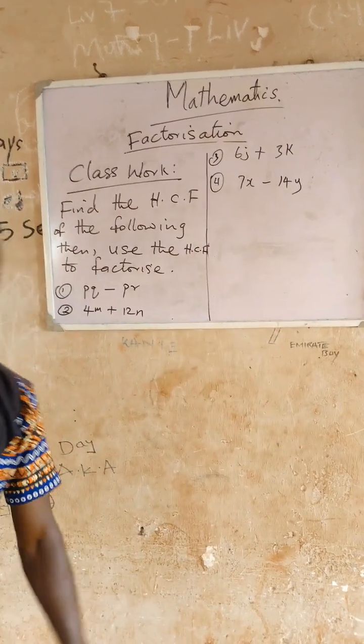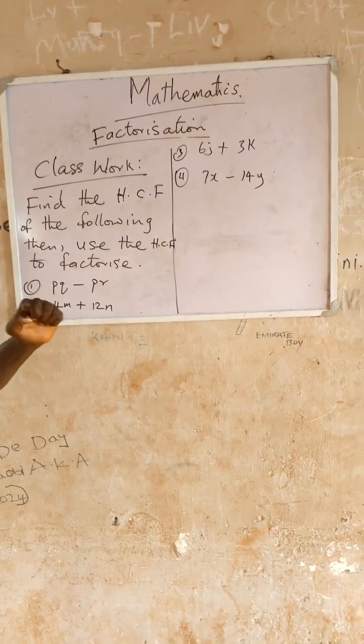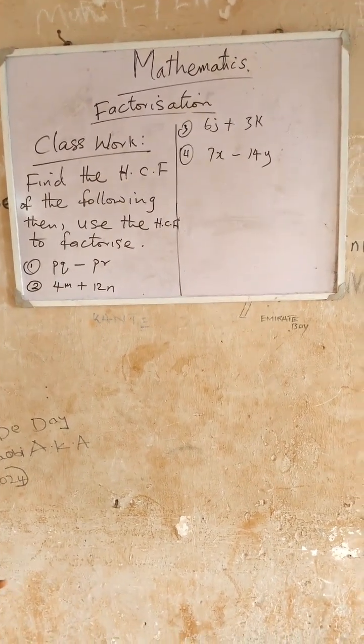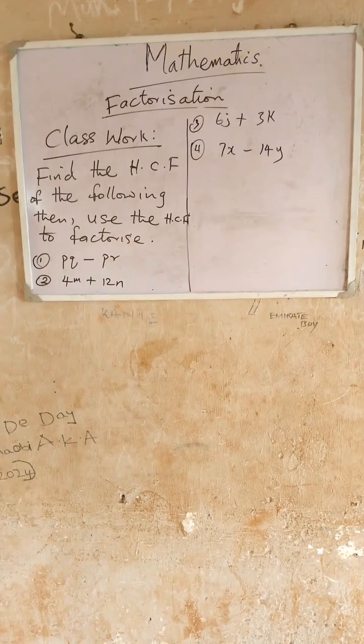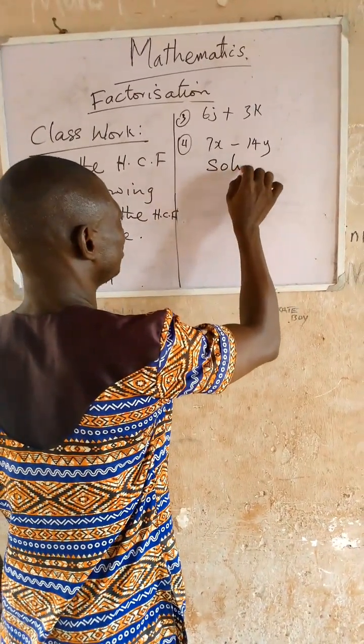Just write them down. When you write them down, we will solve. When I solve 1, I will allow you to solve 1. So I will solve the first question. Question number 1.